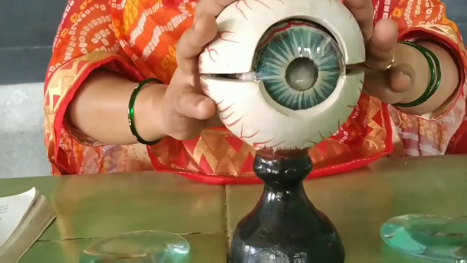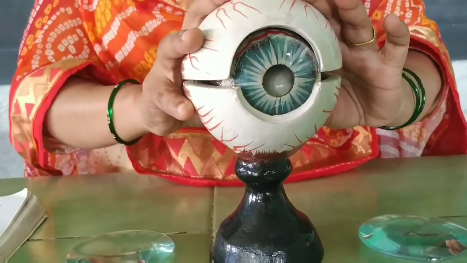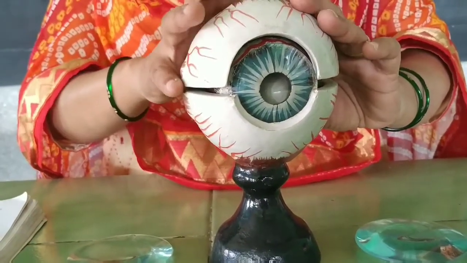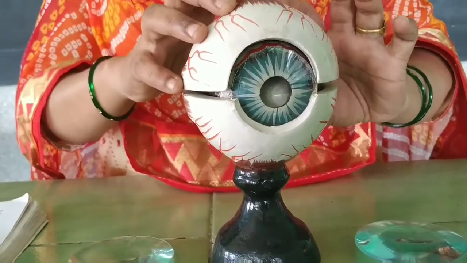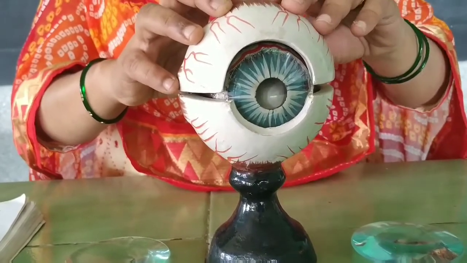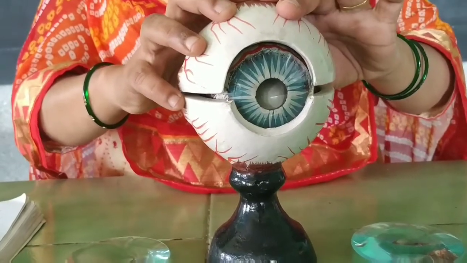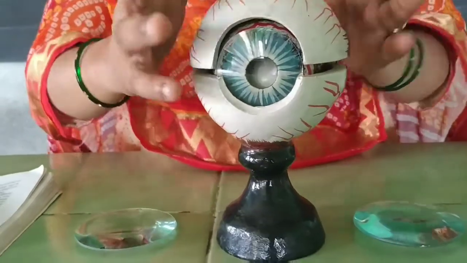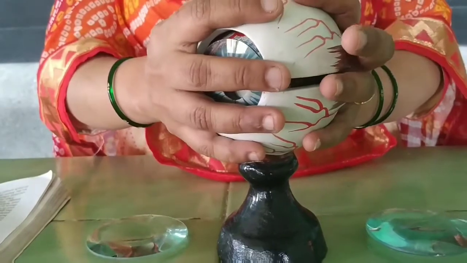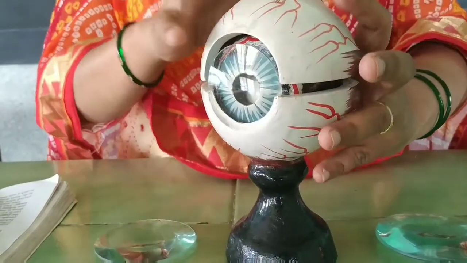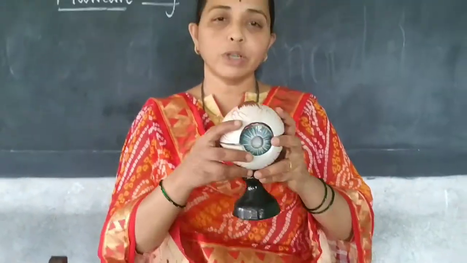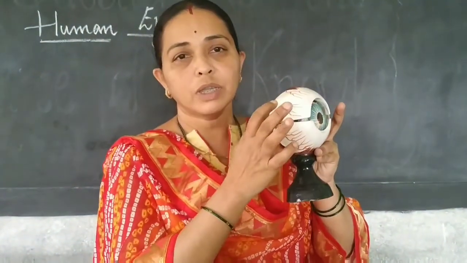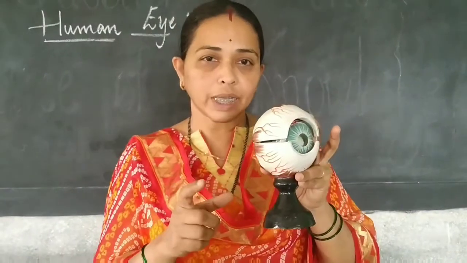So here you could see a human eyeball. It is situated in the socket of your skull. Our human eye has two sockets and we have two eyeballs. It is a muscular, fleshy structure, round, spherical, and the diameter of the eyeball is 2.4 centimeters.